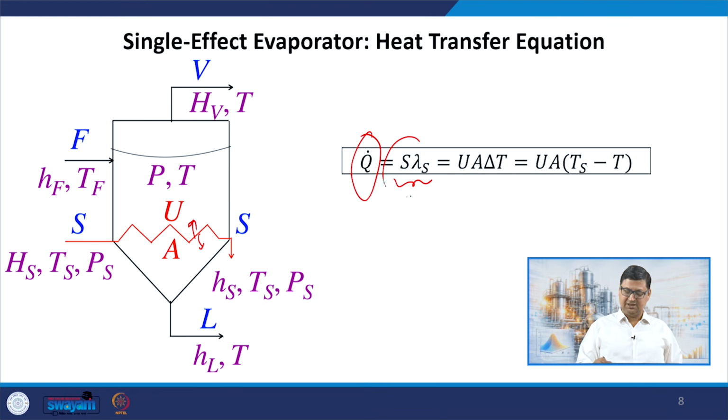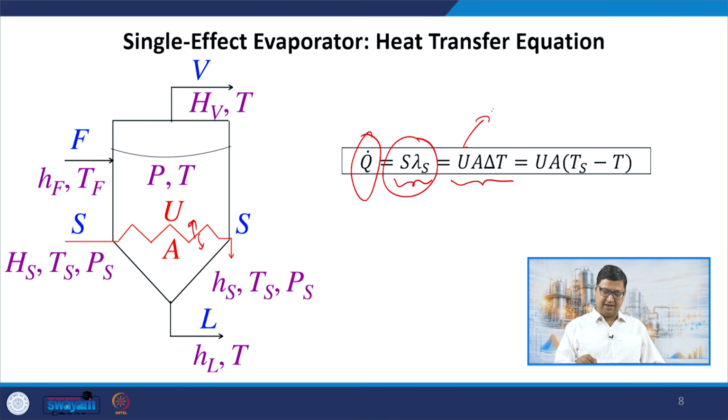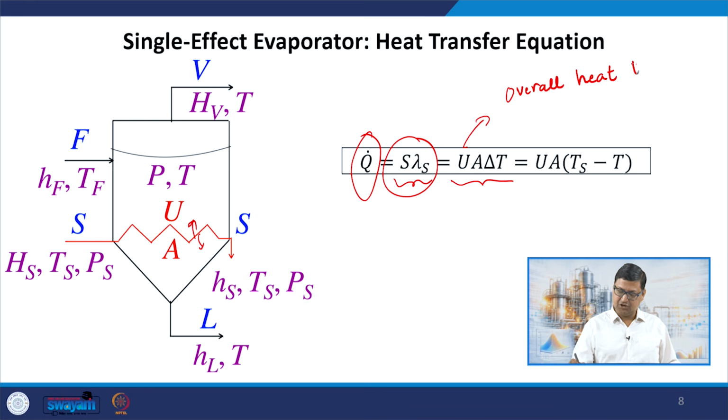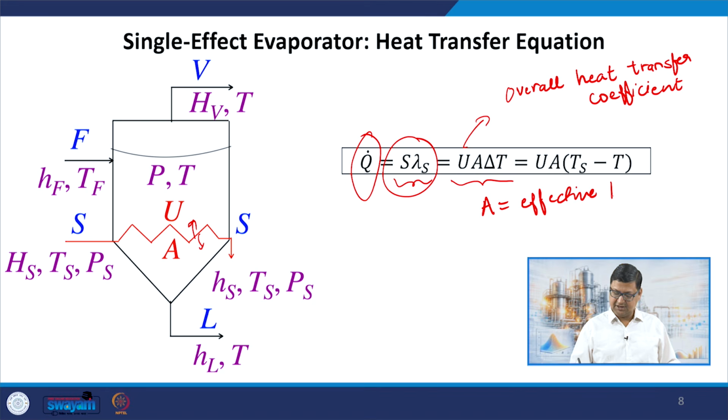This is the energy that we get, the latent heat that we get by condensing steam, and that is equal to UA delta T. That is how we define heat transfer in heat exchange tubes, where U is the overall heat transfer coefficient for the heat exchanger and A is the effective heat transfer area.